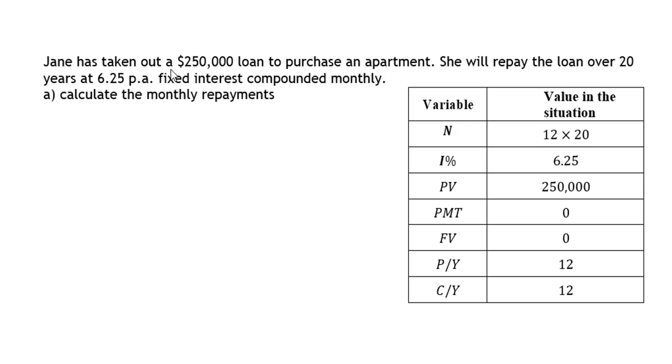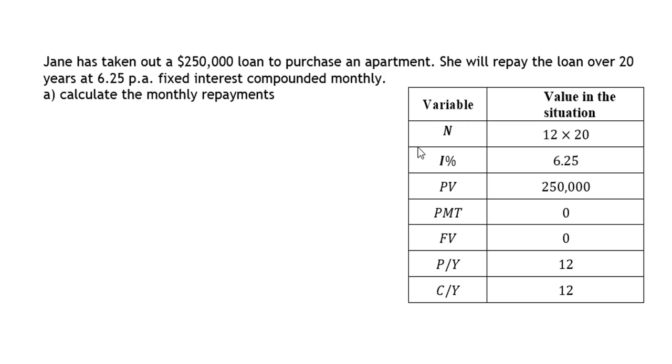Jean has taken out a $250,000 loan to purchase an apartment. She will repay the loan over 20 years at 6.25% p.a. fixed interest compounded monthly. For A, calculate the monthly repayments.